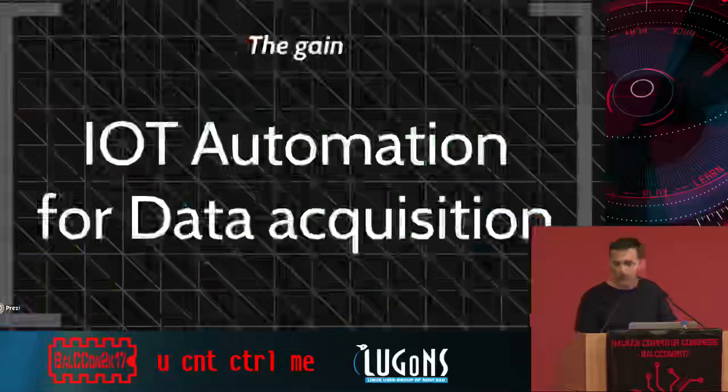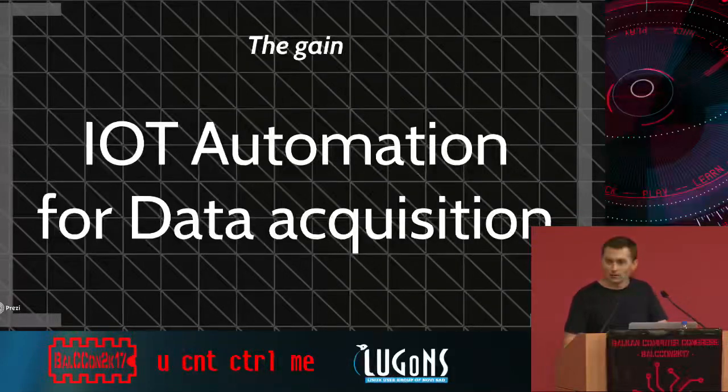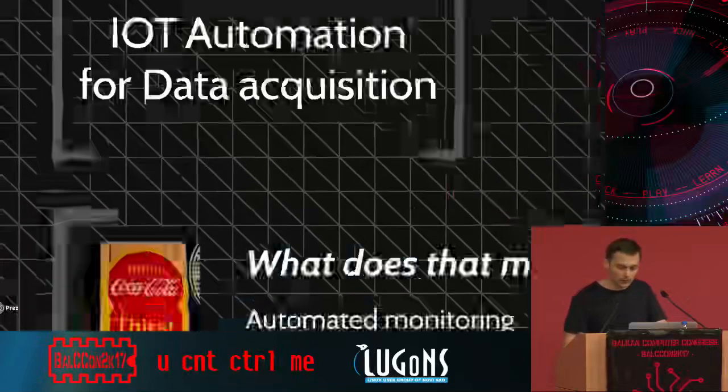And the idea to all that was to use technology to simplify some of our tasks. And you could call that IoT automation. And the purpose for that was getting more data. So this slowly began the purpose of the project.